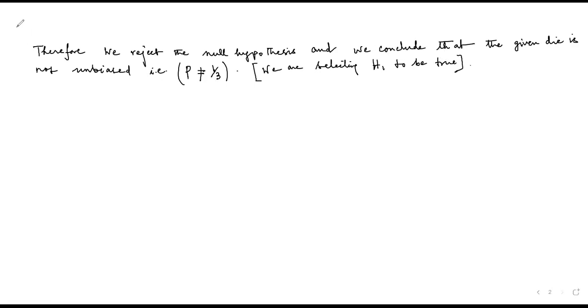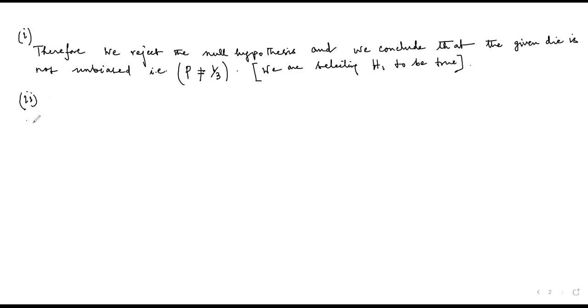In this particular case, try to recall the problems that were given to you in the previous session. I do not have the question with me, and it is not written on the board, but so far as I can remember, there were 2 parts of the problem. In one part, we were asked whether we are going to reject or accept the null hypothesis, whether my dice is biased or unbiased. We have actually answered that question. So this is my answer number 1.